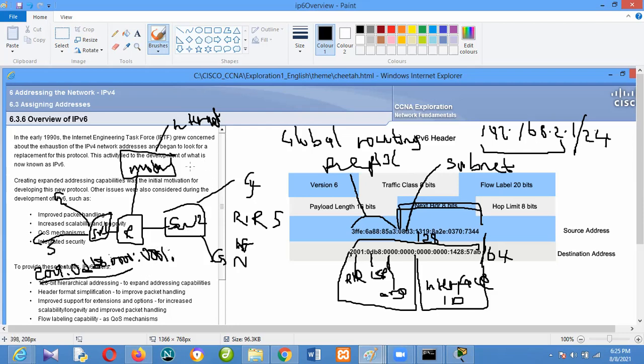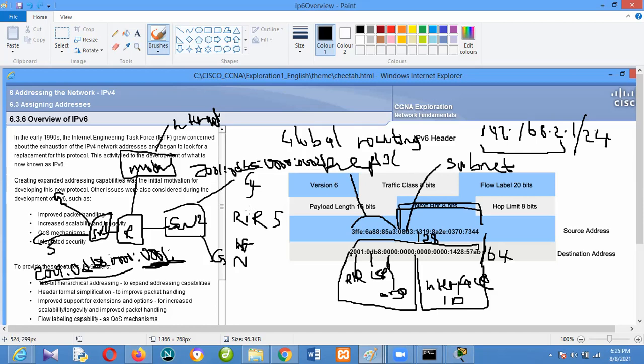So I come to this particular network, I have 2001:0DB8, and of course this is what I received from Glo, my global routing prefix. I can decide that this network of mine will be 0002. Do you understand? I decided to make this subnet 0001, and this one 0002.